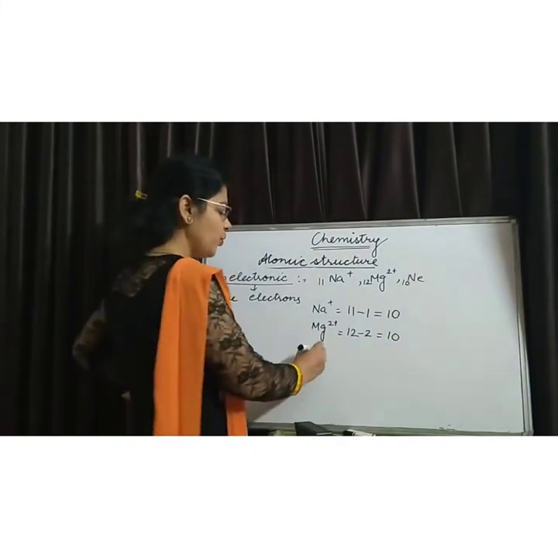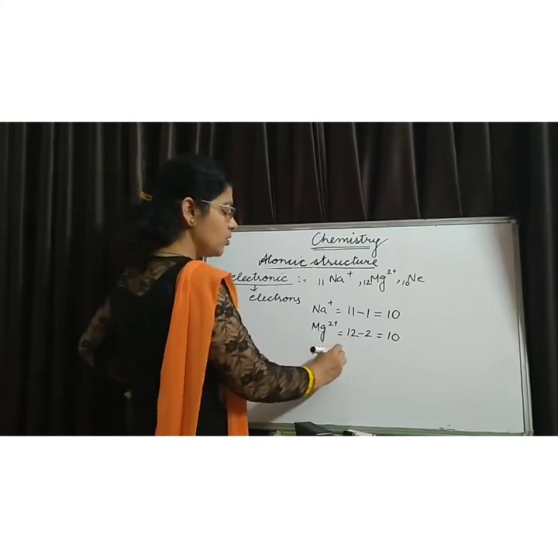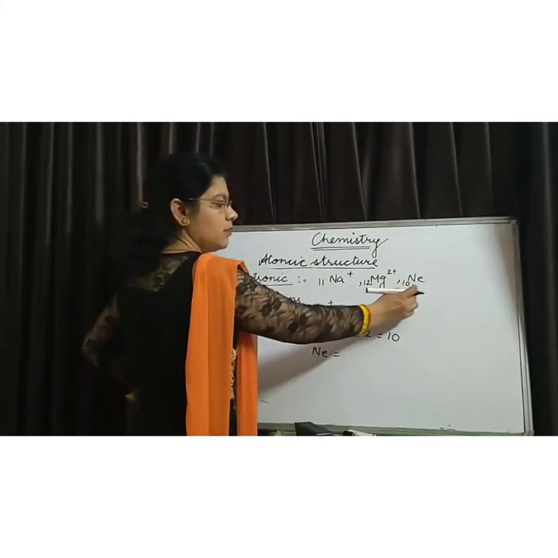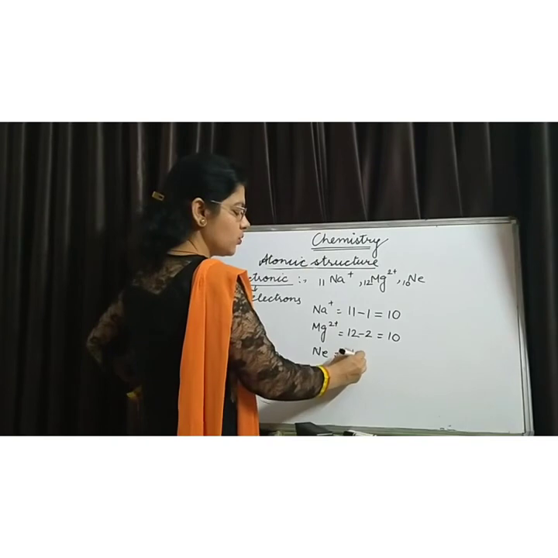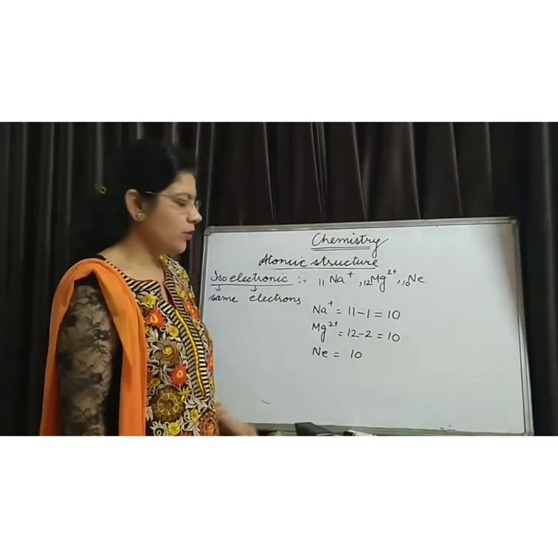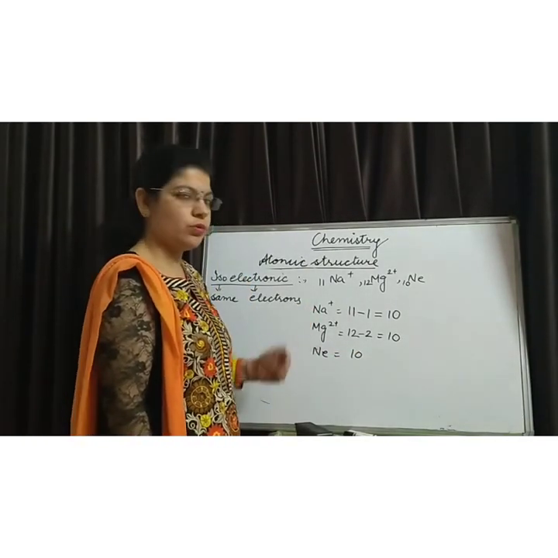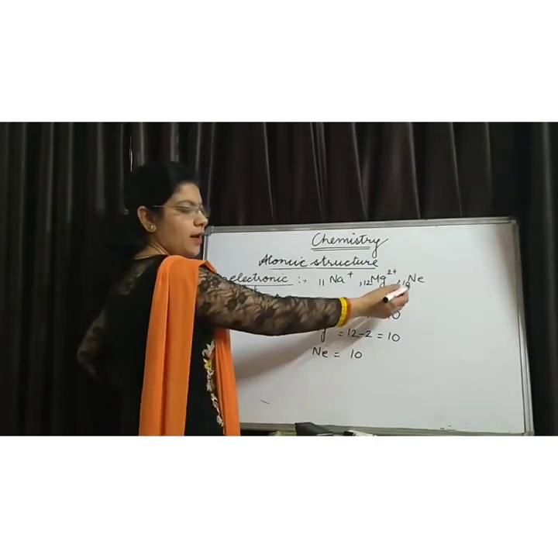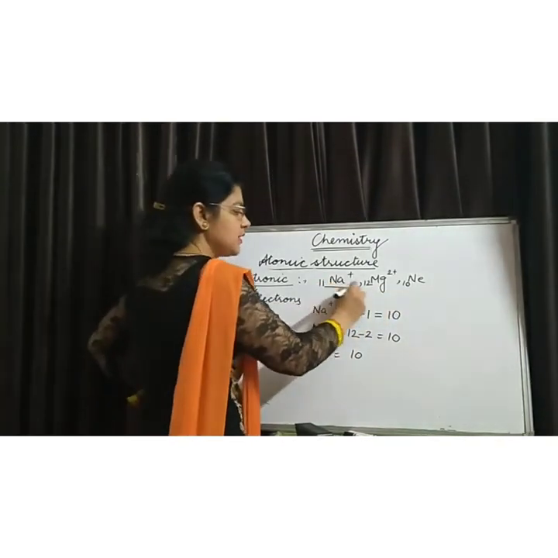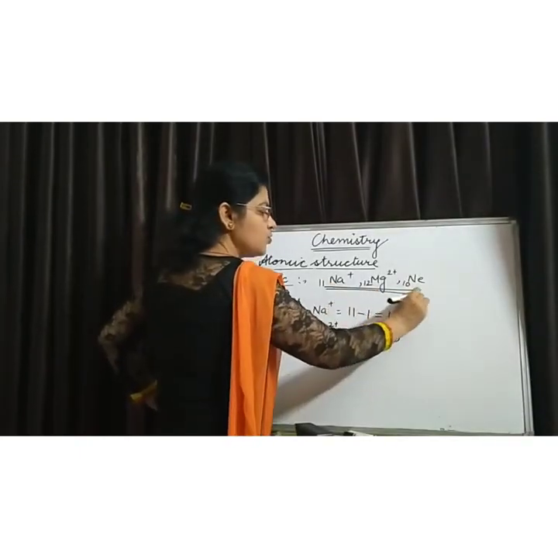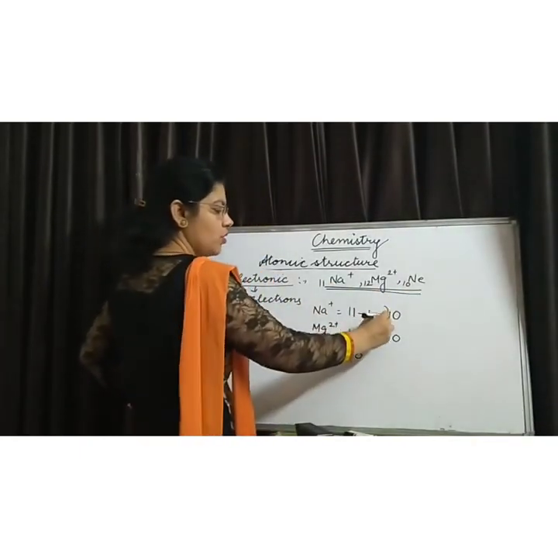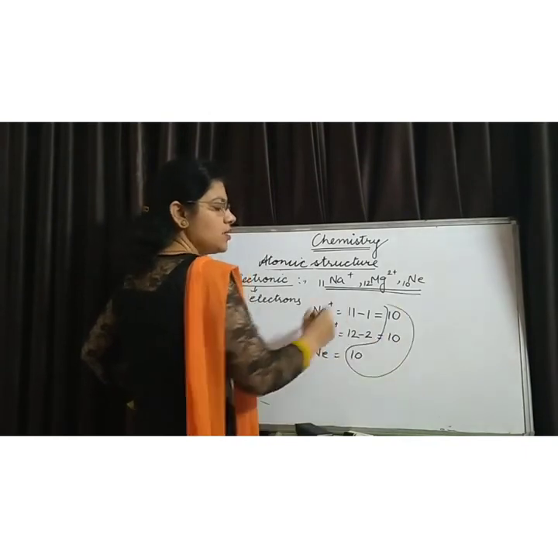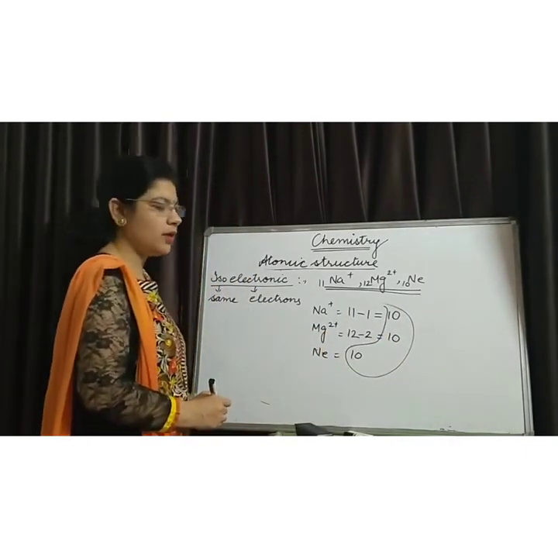And in case of neon, neon is neutral, so its atomic number is equal to the number of electrons present in neon. Hence, sodium ion, magnesium ion and neon, these three are isoelectronic species because they all contain the same number of electrons.